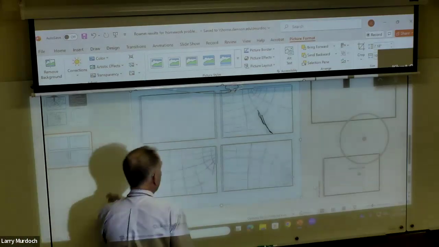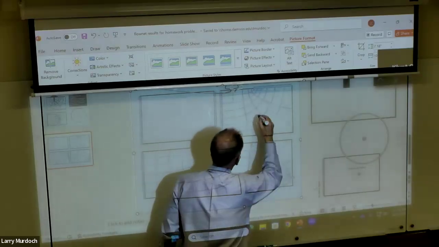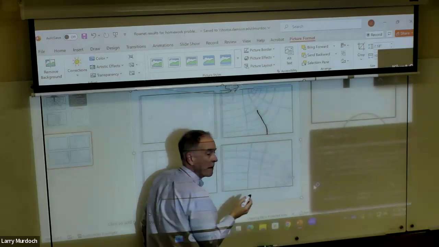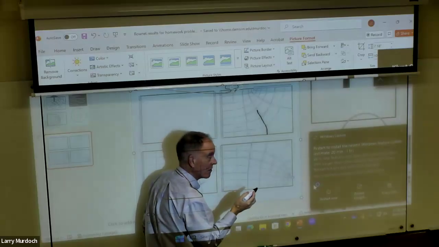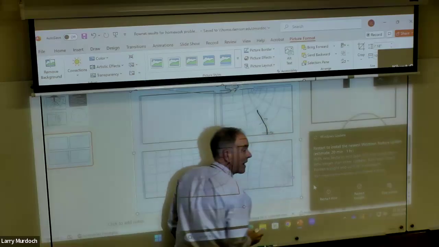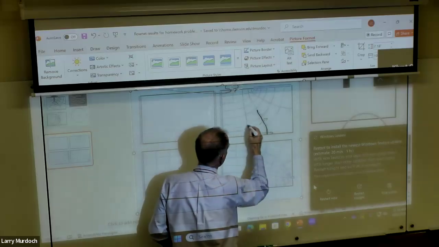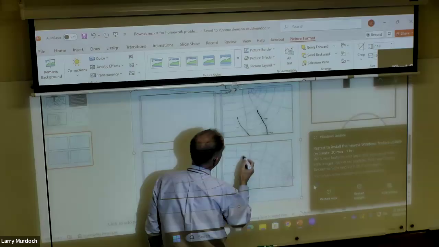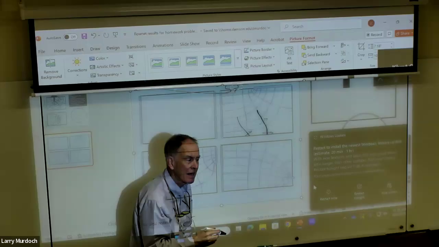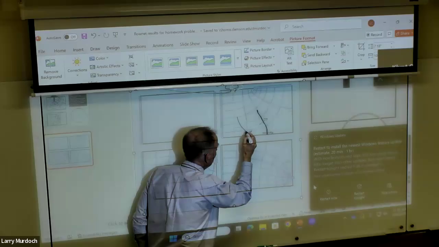And the reason why is, if this is the equipotential, right, the flow is perpendicular to this line here. So it's going to be like that, and here it's going to be like that. But if we drew the equipotential coming in like this, then the flow would be like that.